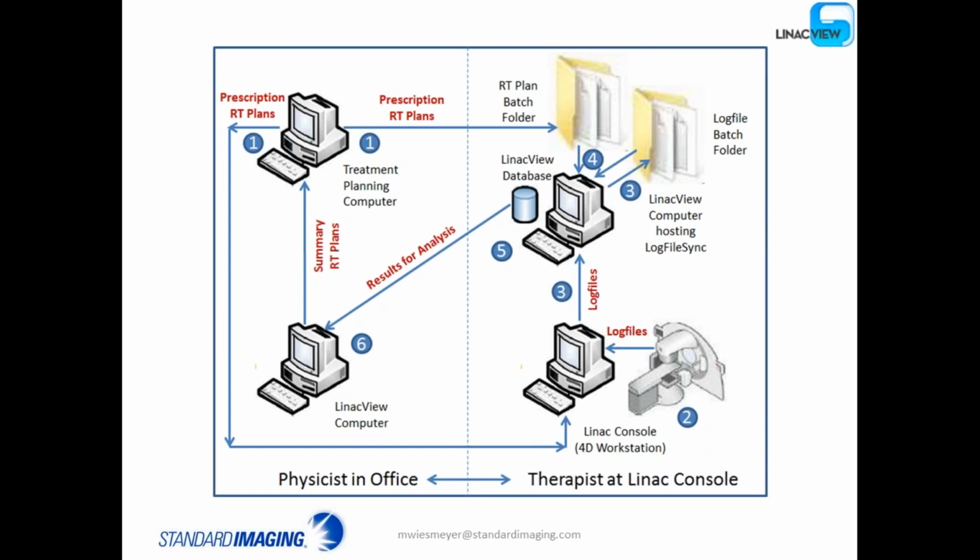When LinacView is in the loop, we do some additional steps. We not only send the RT plan to the treatment console, but we send it to a location that's accessible by LinacView. So it's got a folder full of RT plans, and then when your treatment is running, for every beam of every treatment, you're creating log files, and those log files go into a companion folder called a log file batch folder.